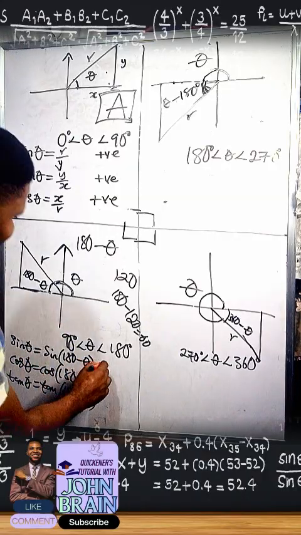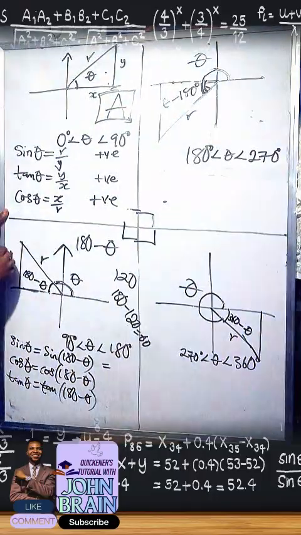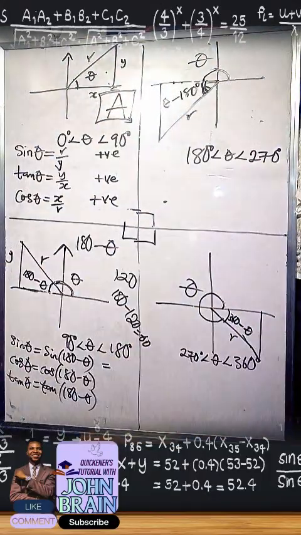Now, let's look at the values of the trigonometric ratio. At this point, sin theta is opposite, which is y. Remember, this is positive y.